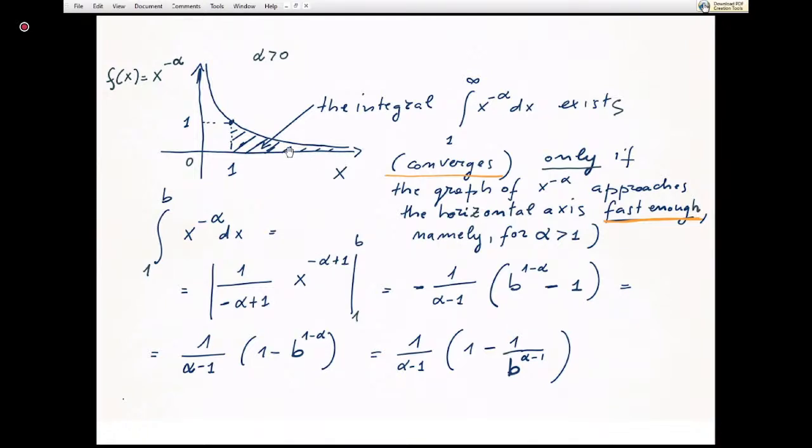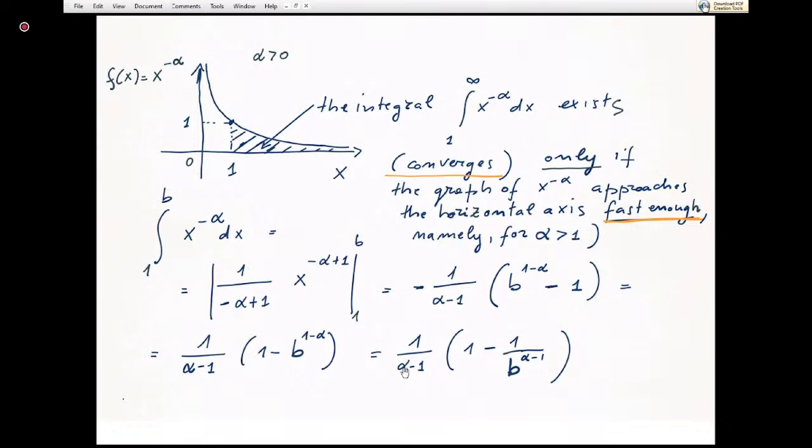B is larger than 1, so b is a positive number, to the power of alpha minus 1, which is a positive exponent. What happens to the denominator here? As b tends to infinity, it goes to plus infinity. So this part disappears, and you are left with 1 over alpha minus 1 as the limit. This is a positive finite number, because alpha is larger than 1.